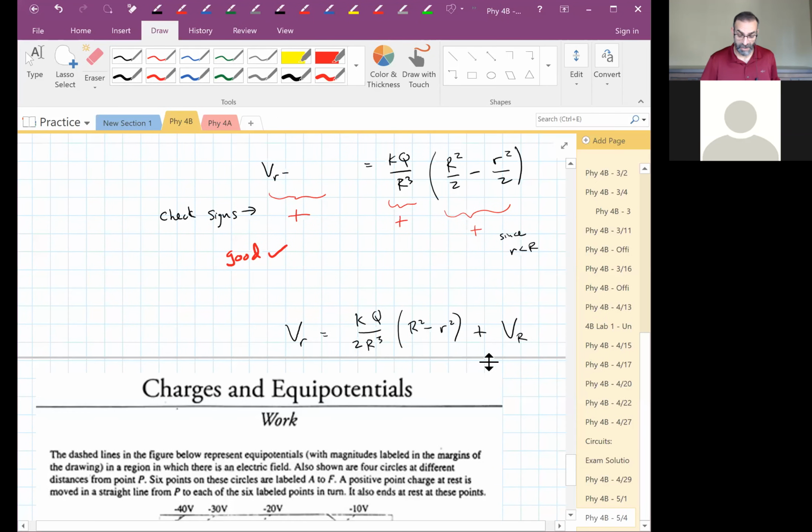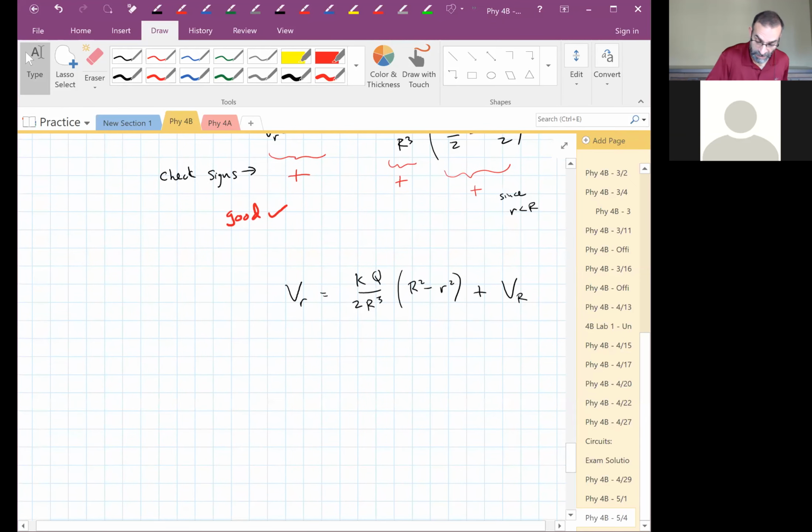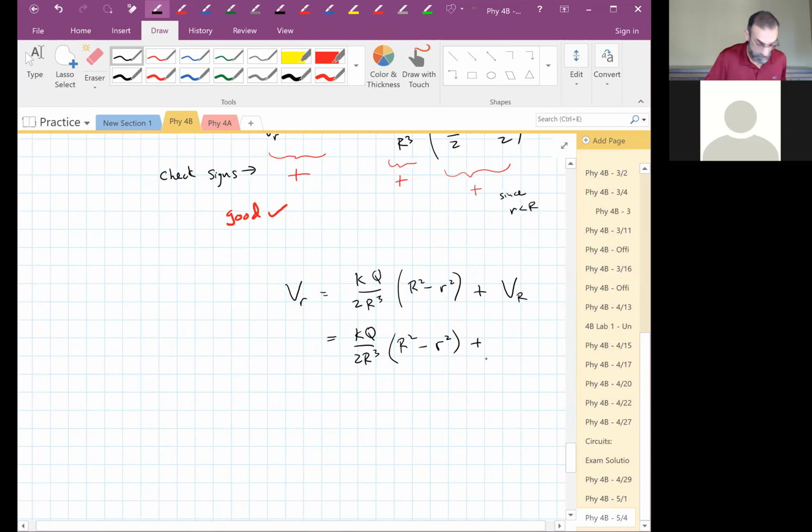That's why we always start where we know the potential. So let's plug that in. We know the potential there. So this is KQ over 2R cubed. And that was, what was that? It was KQ over capital R, right?